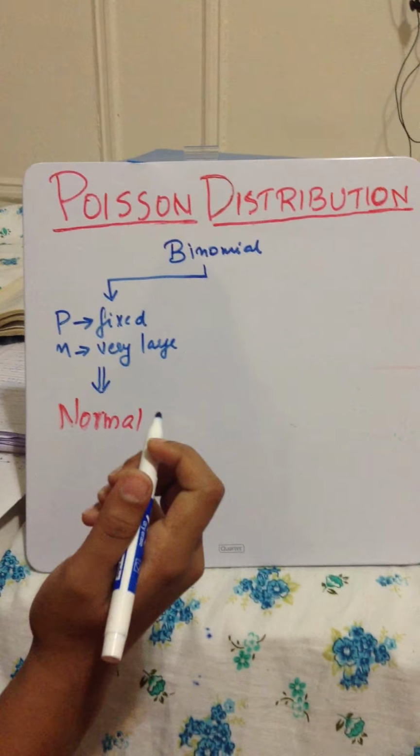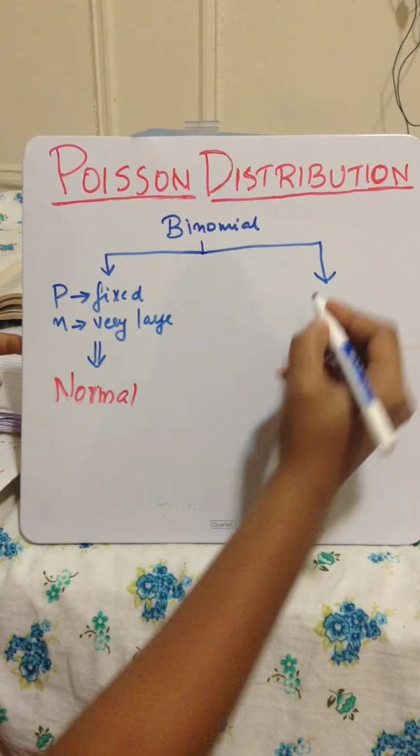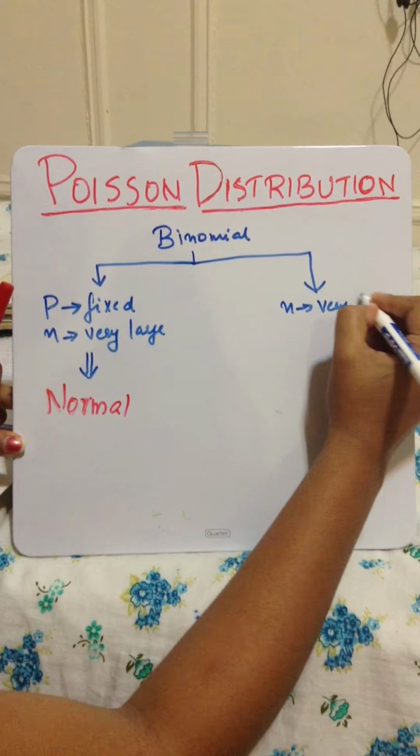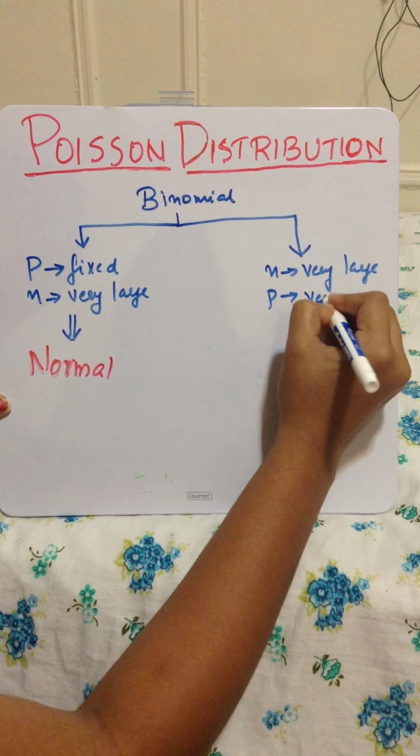There can be another case when n is very large but p is very small.